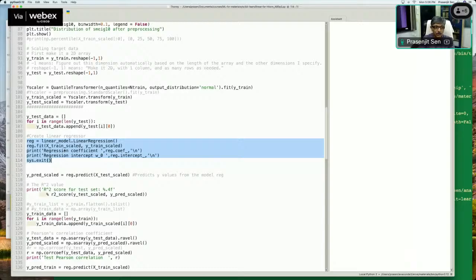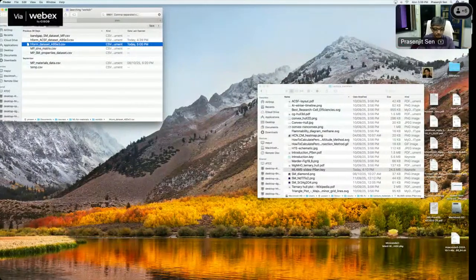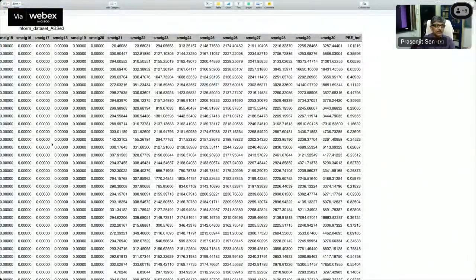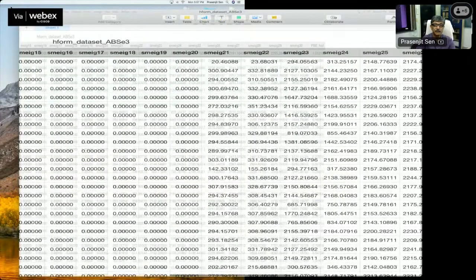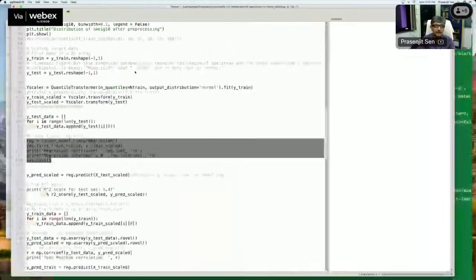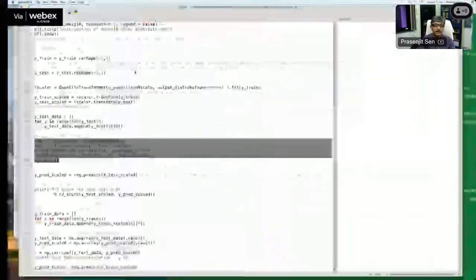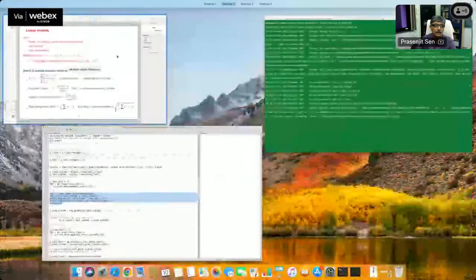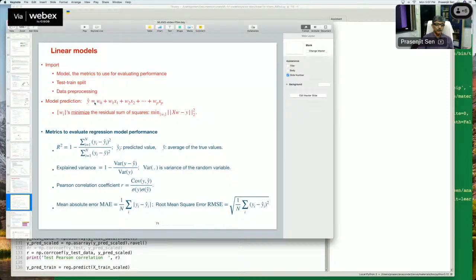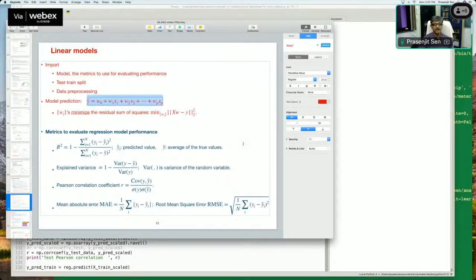So let us recall, remember this is the linear regression model. Y is written as a linear function of the feature vectors. There are p of those.